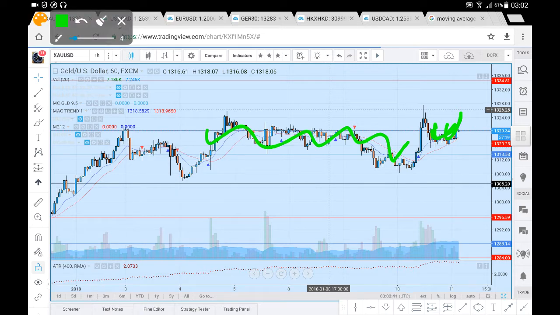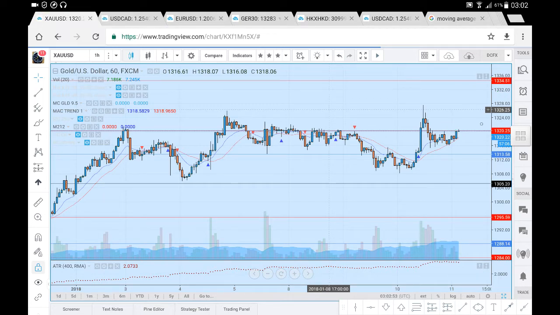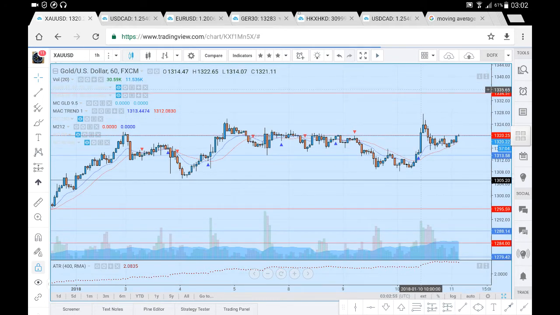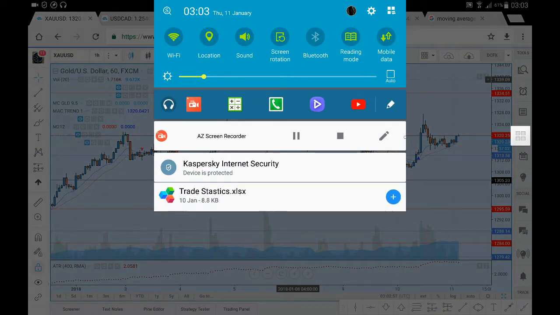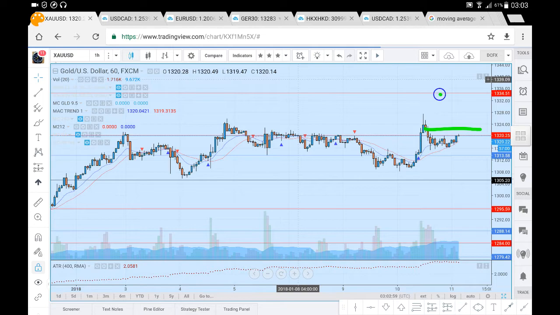Now, if we do see the break above 1320, again we'll be targeting this 1334.50 to the upside. A break from there, we are looking to target 1340. Again, it's about $6 away from the 1334, but 1340 will be the next level that we are looking at.